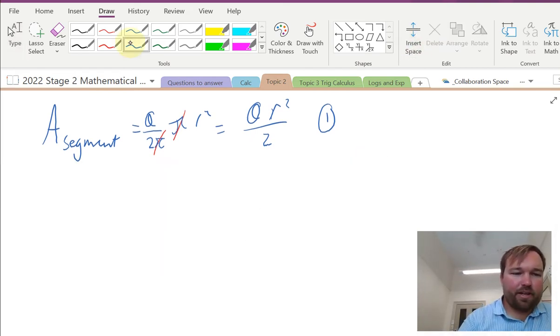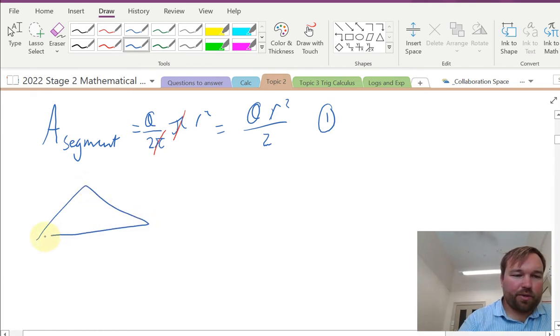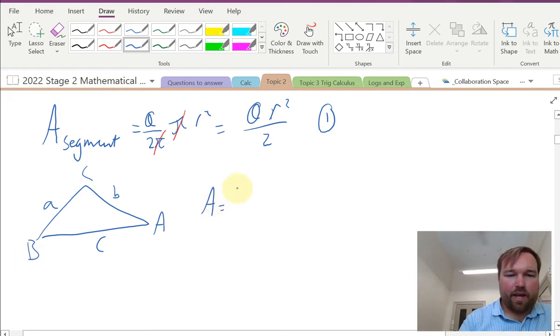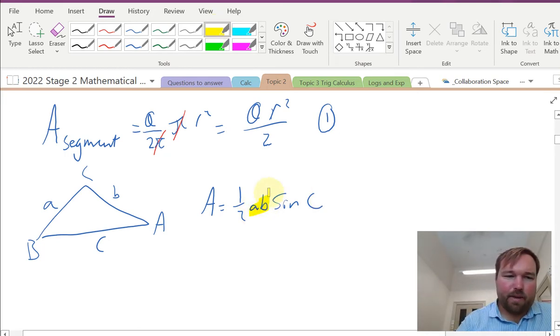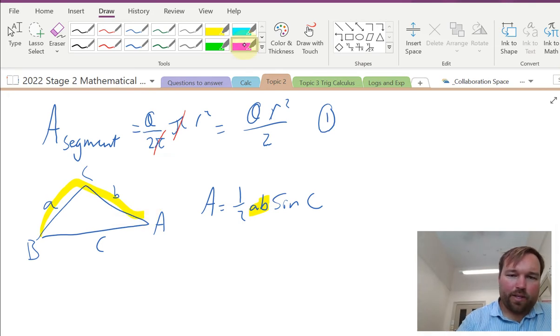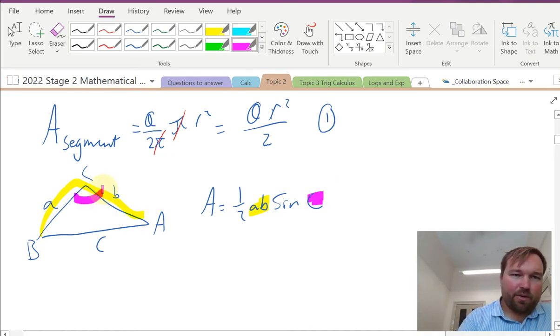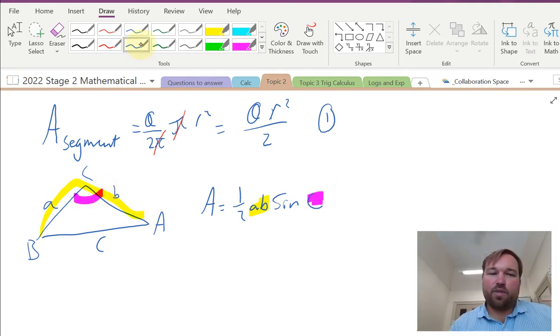Remember, for a generic non-right angled triangle, if you have sides A, B, C, and angles C, A, B, the area of that is a half ab sine C. And if you don't remember the letters exactly, the important thing is to know that a and b are the ones either side of that angle. And that gives you the area of a non-right angled triangle.